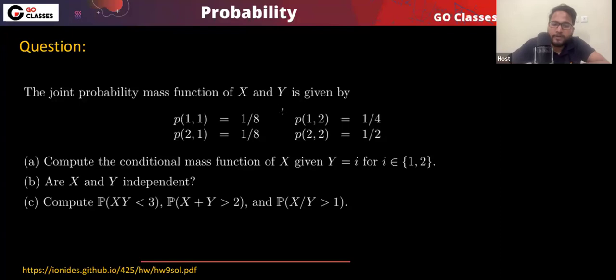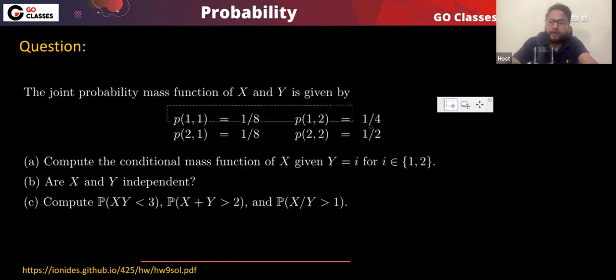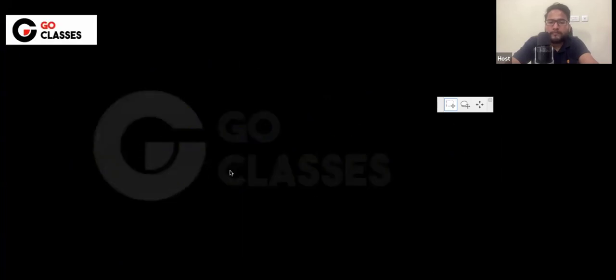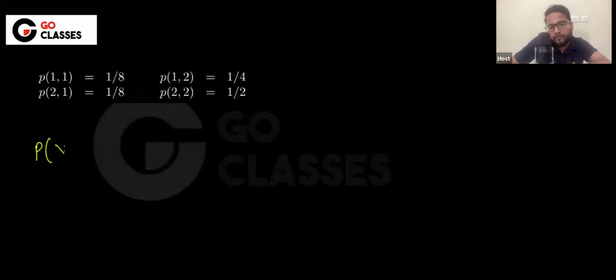Now what they are saying is compute the conditional mass function of x, which means given y equal to 1 also, y equal to 2 also. So let's first find out the conditional mass function for given y equal to 1, and then we can find out for y equal to 2 also. They have given you the joint distribution. Now we need to find out the conditional distribution. x is ranging from 1 and 2, y is also ranging from 1 and 2.